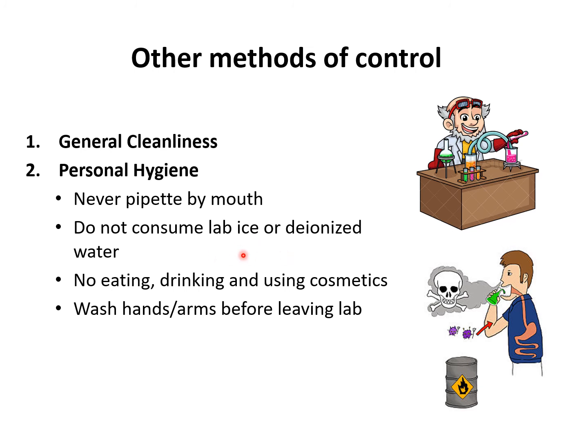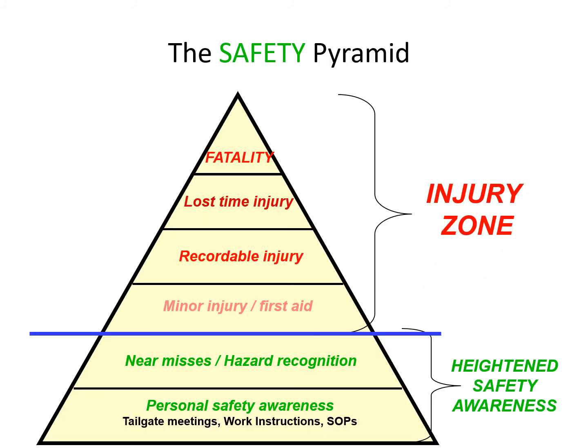In an emergency some people use any ice or deionized water, so that's why this is not good. No eating, drinking, of course, and also wash hands before leaving the lab. Nowadays this is a very common practice, although everybody was doing it before, but especially now.